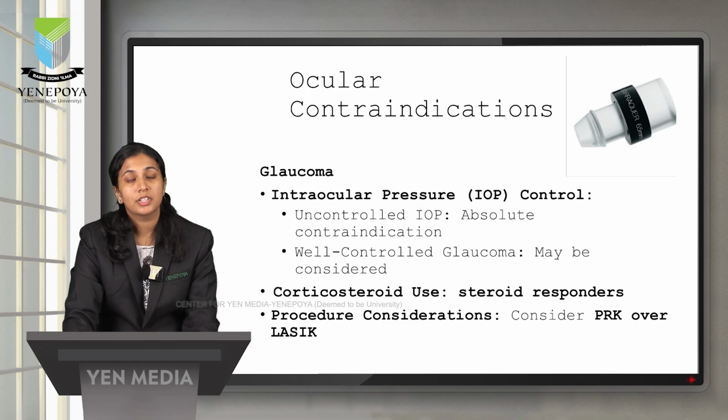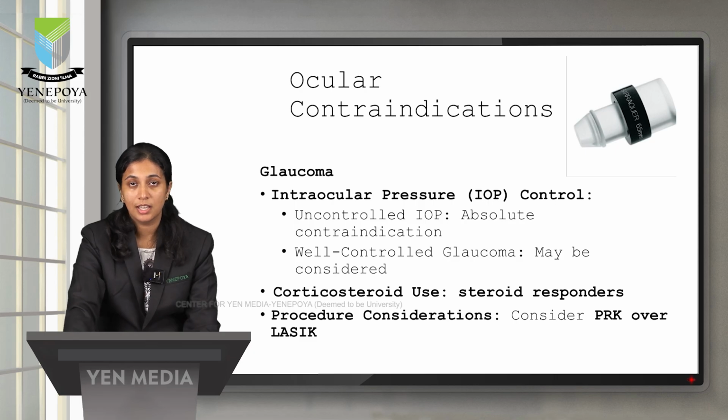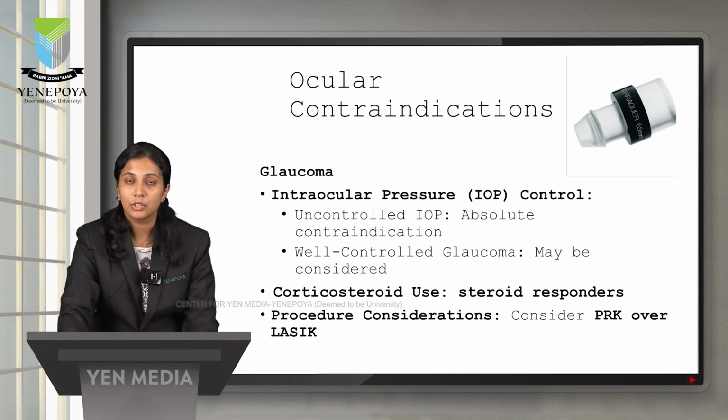Uncontrolled intraocular pressure is an absolute contraindication. If they are controlled, they may be taken up for the surgery. Post-operatively, we start the patients on steroids. So you should keep in mind that patients who are steroid responders might again have an increase in IOP due to the post-op medications.